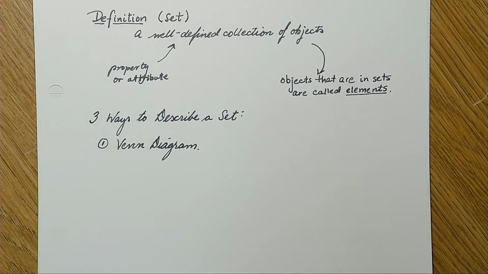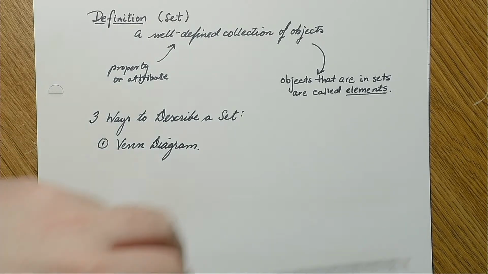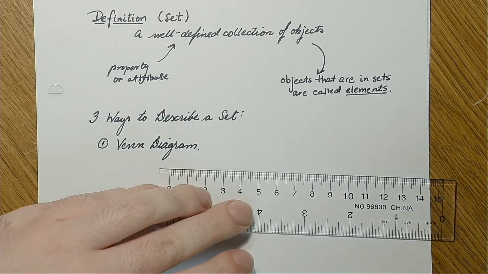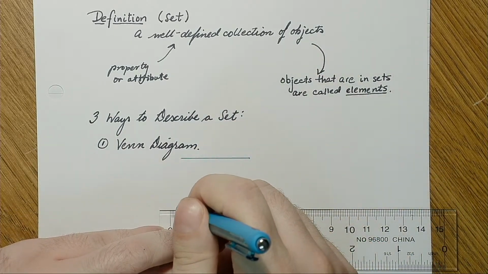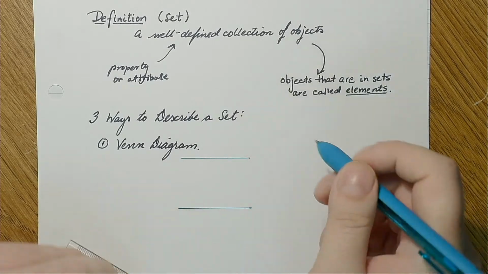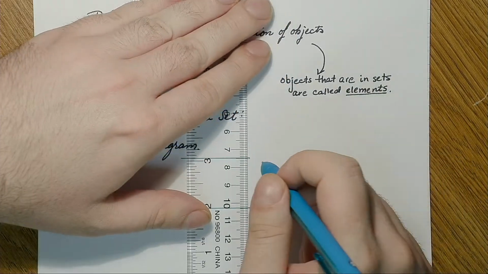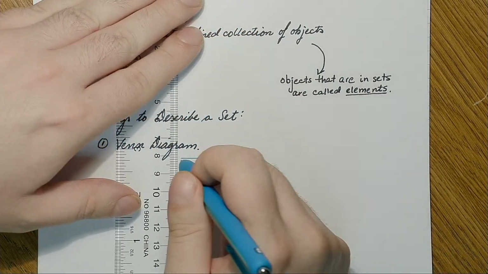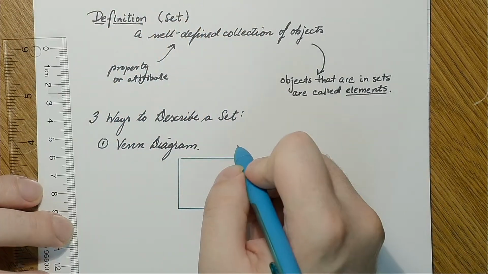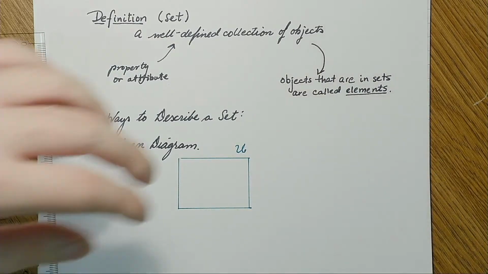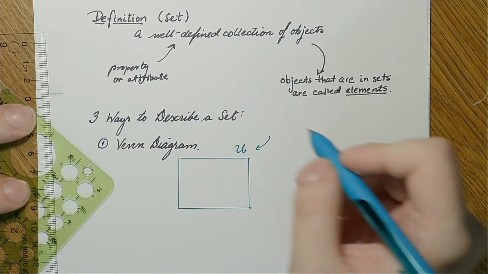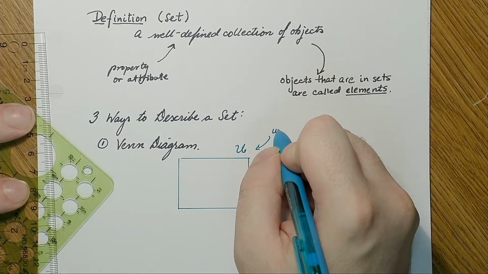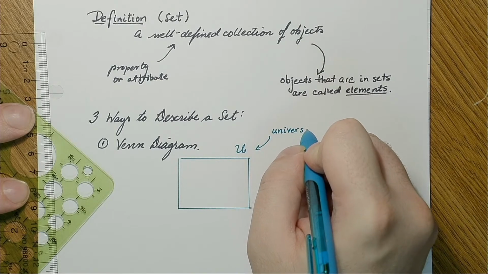So if I had, for example, U, that is what we'll call the universal set, but we'll define that a little bit later.